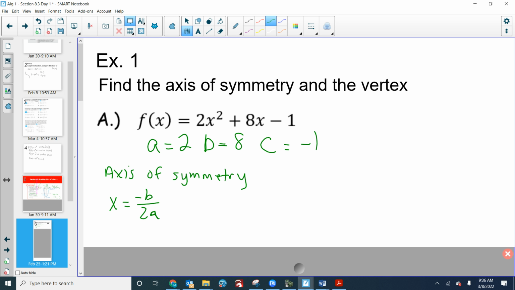What's B? 8. But it's what? Opposite of B. So it's going to be x equals -8 over 2 times, what's A? 2. So it's -8 over 2 times 2. What's -8 divided by 4? -2.